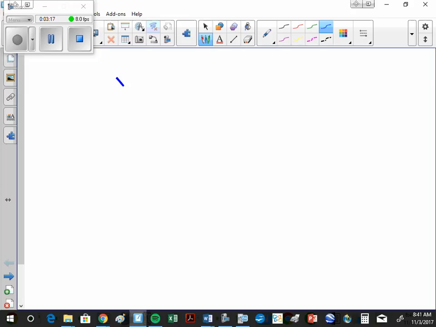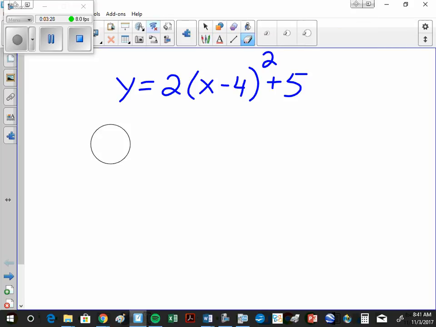What if I had this equation? Well, I think it usually calls it f of x. So I have the function f of x, and that graph is right 4, up 5, and twice as tall.